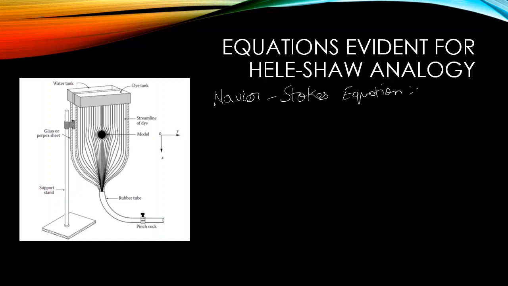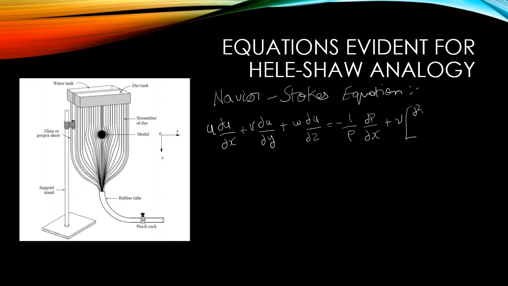Navier-Stokes equation in 3 dimensions is u dou u by dou x plus v times dou u by dou y plus w dou u by dou z equal to minus 1 by rho dou p by dou x plus kinematic viscosity times dou square u by dou x square, dou square u by dou y square, dou square u by dou z square. So this is your x momentum Navier-Stokes equation.